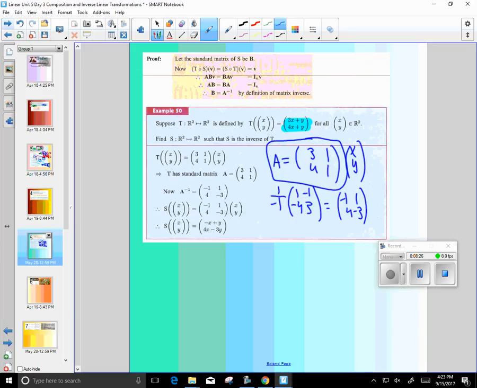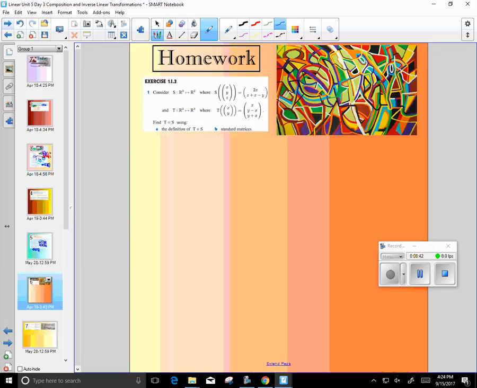The inverse matrix S of (x, y) is negative x plus y, 4x minus 3y. And there's your inverse. And that's it for composition and inverse of linear transformation.